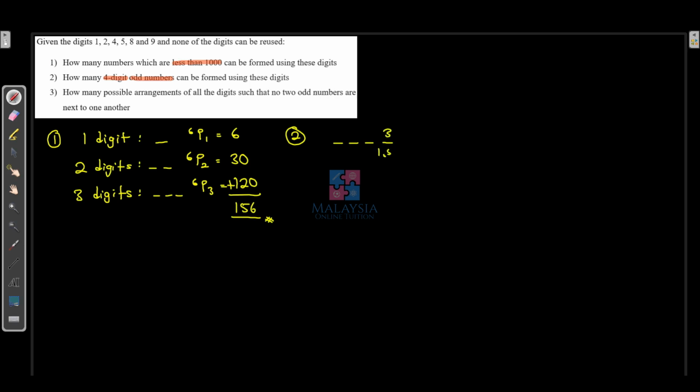After you put one of the odd digits behind here, you have 3 spaces that you want to rearrange, and then you have 5 digits left, meaning 5P3. So the final answer for this one is going to be 5P3 times 3, because we have 5 digits left for 3 spaces.